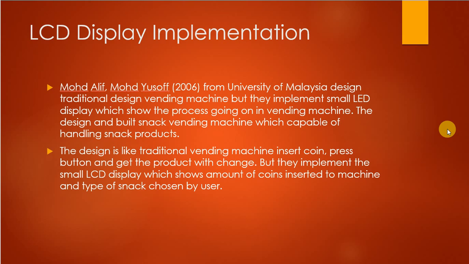On it you can check your whole process, like how much money you inserted into the vending machine, and the selected item is shown on the display. They also show the processing stage, how much time it will take, and sometimes a clock is displayed on the LCD display.